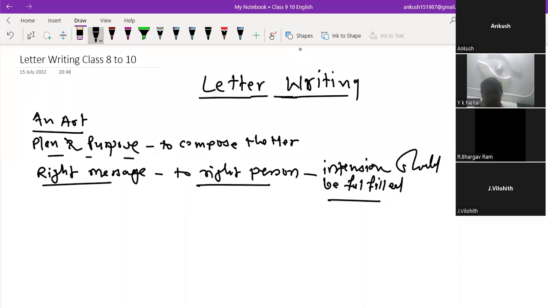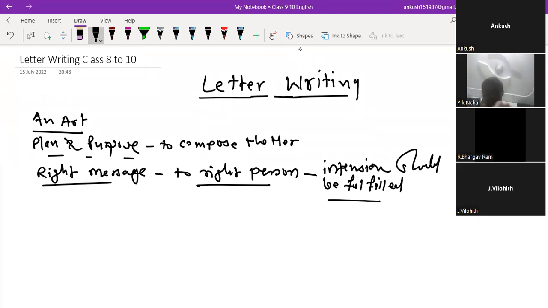Actually, these letter skills may contain, whenever you write letters, they may be written to officials. The information the letters contain may be very confidential.